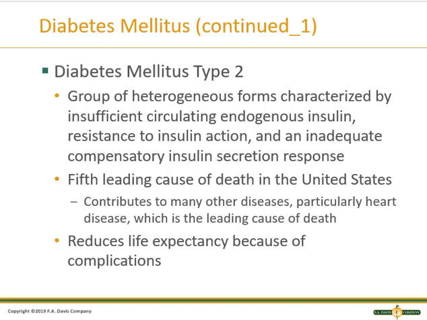Family history, elevated BMI greater than 45, impaired fasting glucose, history of gestational diabetes, hypertension, elevated lipids, women with PCOS, and then certain ethnicities to include African American, Latino, Native American, Asian American, and Pacific Islander.